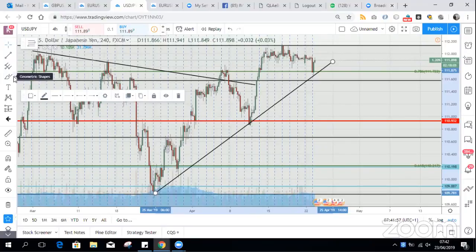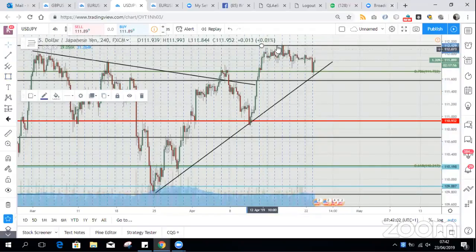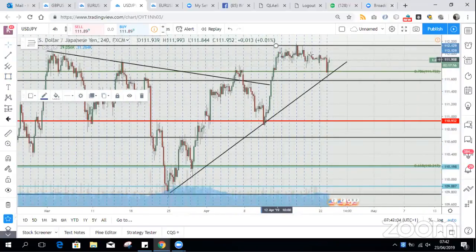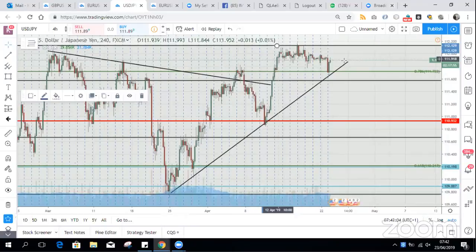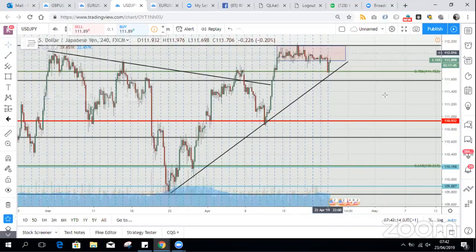Okay, let's zone it out. Okay, so it's possible we've had a break or we're having a retest. So we'll see how the 4-hour closes.